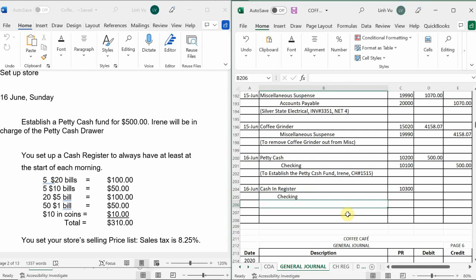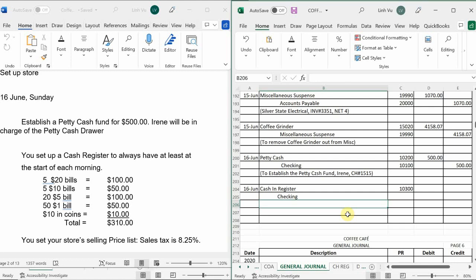Now, what am I supposed to be cashing out? What would be the best way? Let's say I'm going to have Irene in charge of my cash register. Bob will be in charge of making the products that we sell in the store.